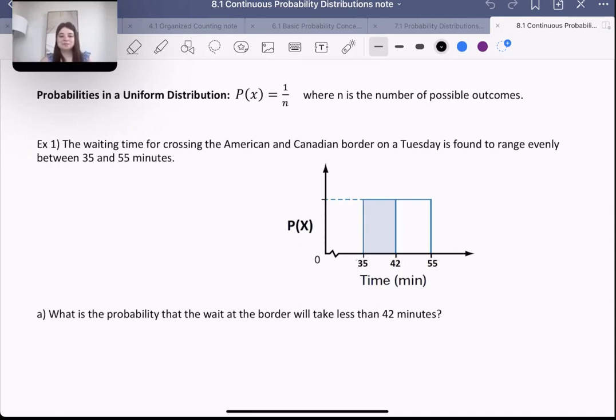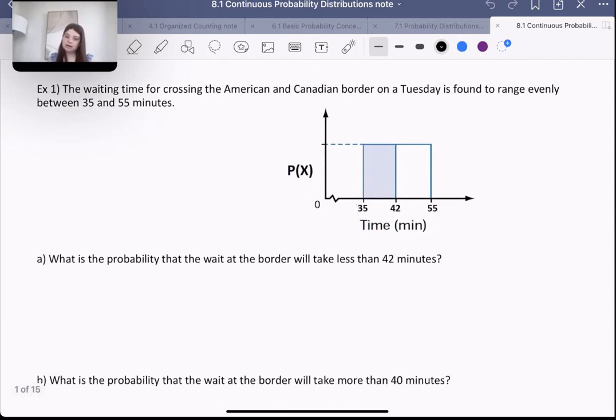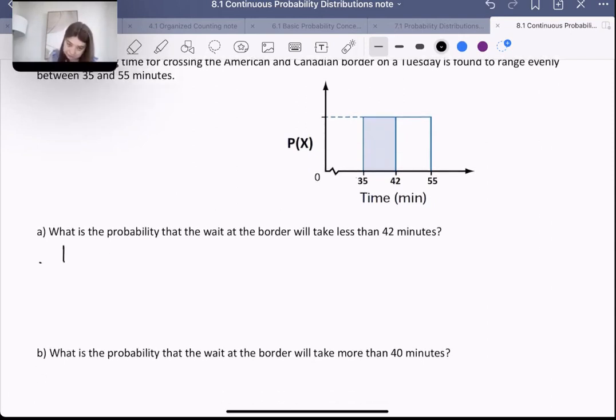So let's talk about the probability of each minute. Let's imagine every minute has the same probability, because it says the waiting time on a Tuesday is found to evenly range between 35 and 55 minutes. If we want to know the probability that it will take less than 42 minutes, we need to do 1 over 55 minus 35, right?